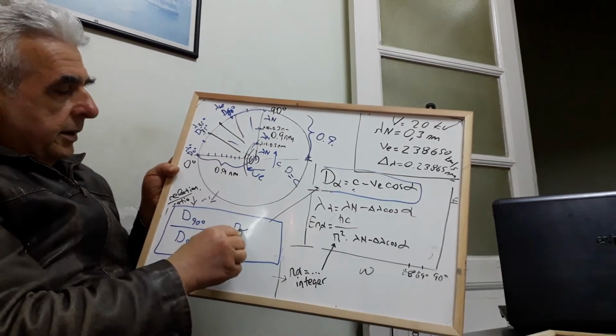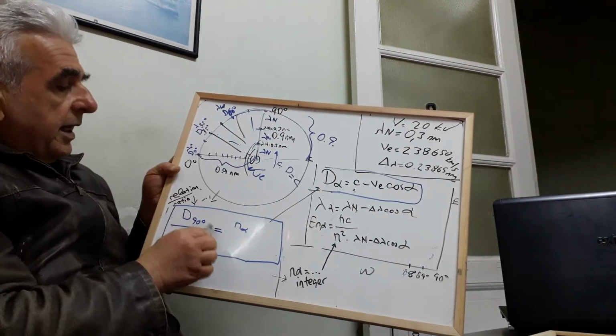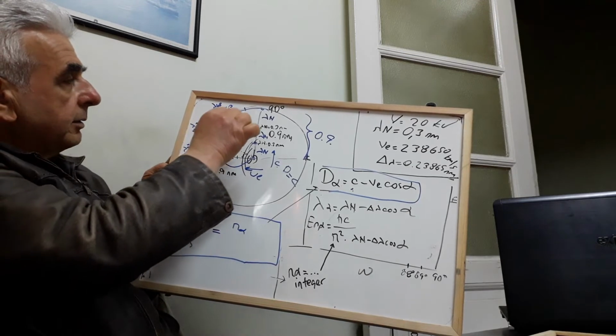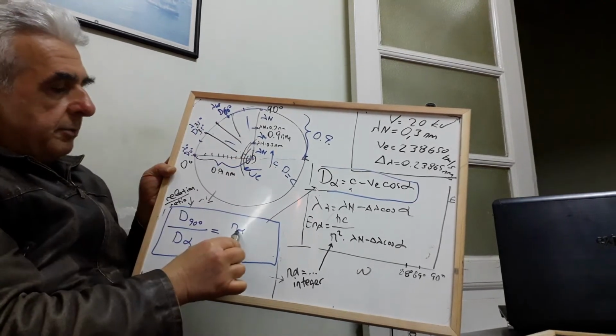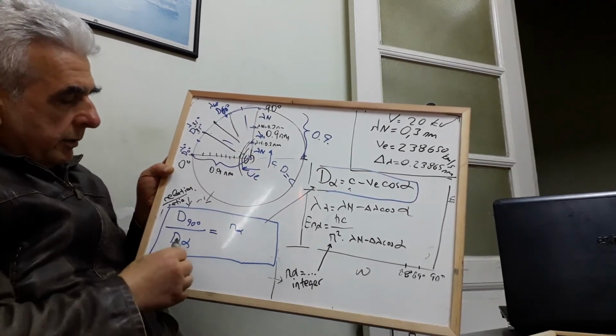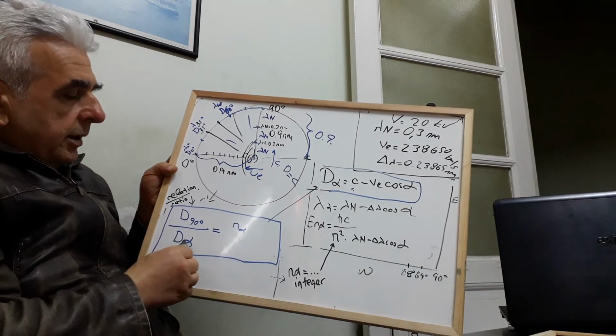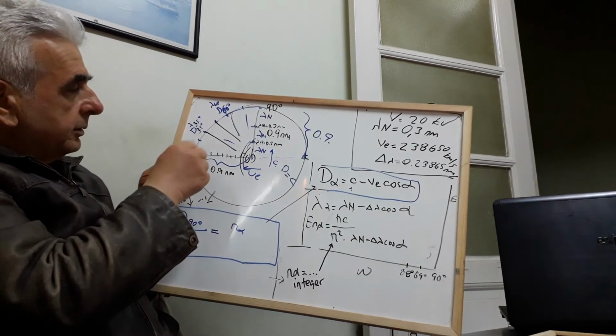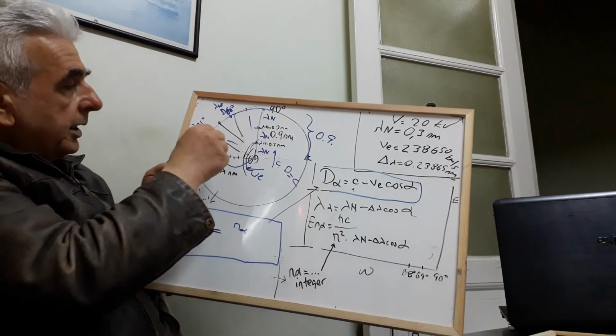And say an alpha, for any angle except 90 degree. Which one will be d alpha, say this.